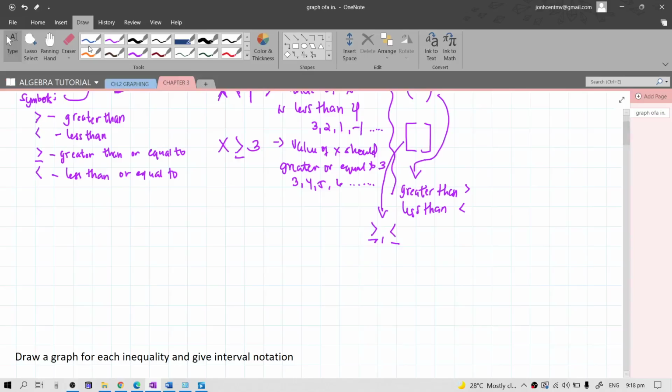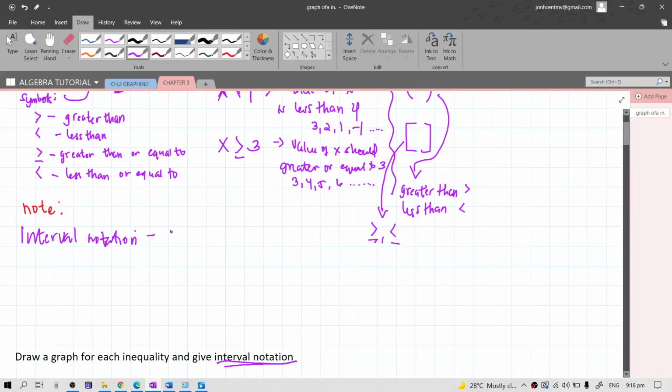Okay. So, also, take note. So, let's make a note. So, take note dito, sa mga problems, babanggitin si interval notation. Okay? So, when we say interval notation, so that is two numbers, so which is smallest and the largest.